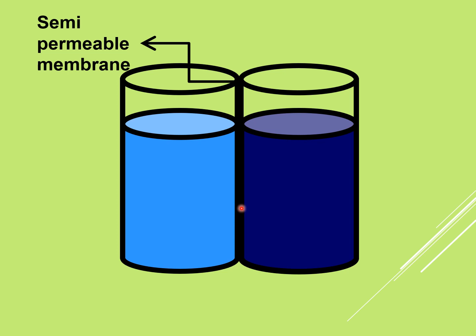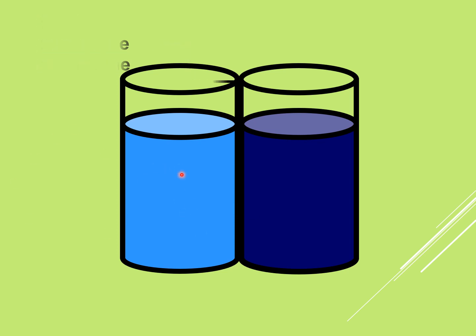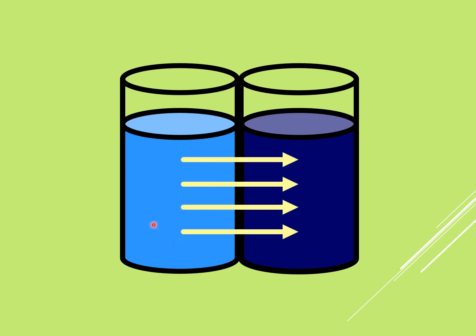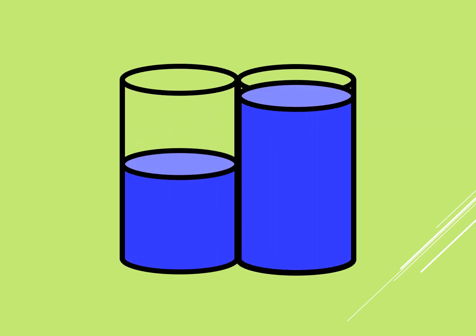So what happens here? Water, that is a solvent from the lower concentrated region, will move to the higher concentrated region. So from this part, the water solvent will move to this part till the concentrations become equal.